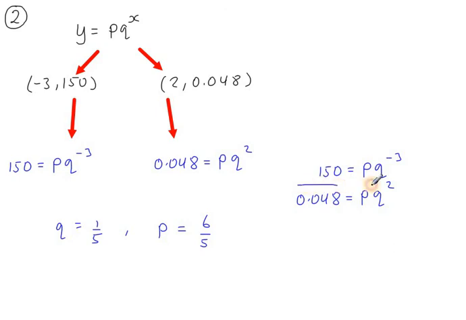When we're dividing them, the p's will cancel, and then you can do something with the indices there. You've only got q left in the equation. You can solve it to get 1/5 for q, and take the value of q and put that into this equation, work out the value of p. For practice, try these questions.